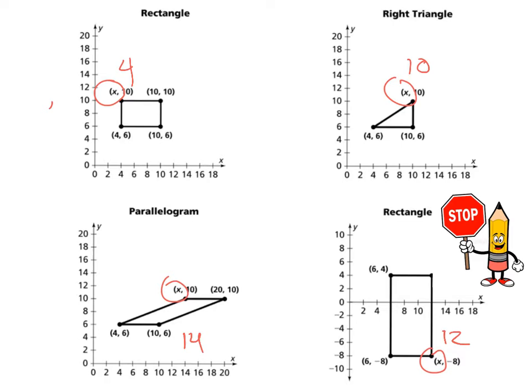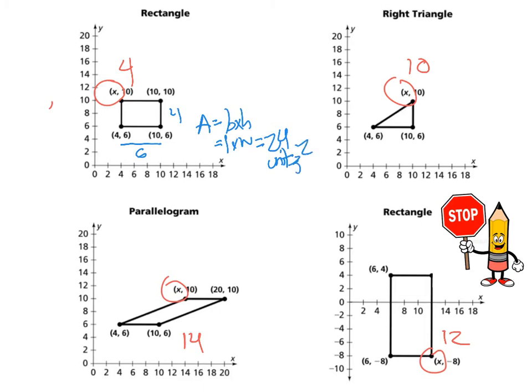For your areas, this rectangle: your base is 10 minus 4, which is 6, and your height is 10 minus 6, which is 4. So your area equals base times height, or length times width, which equals 24 units squared.